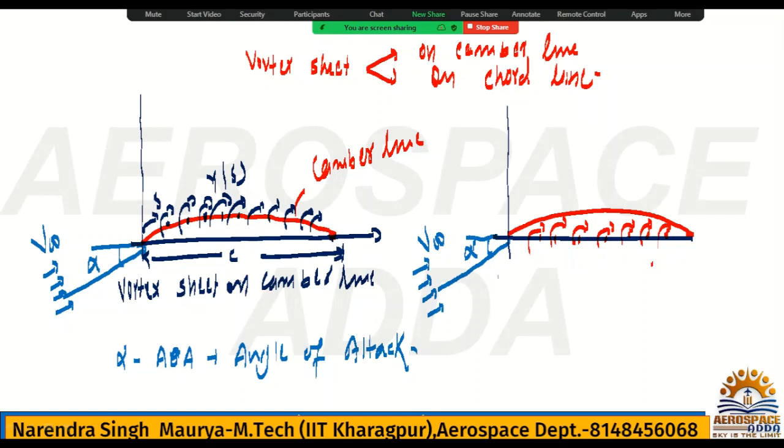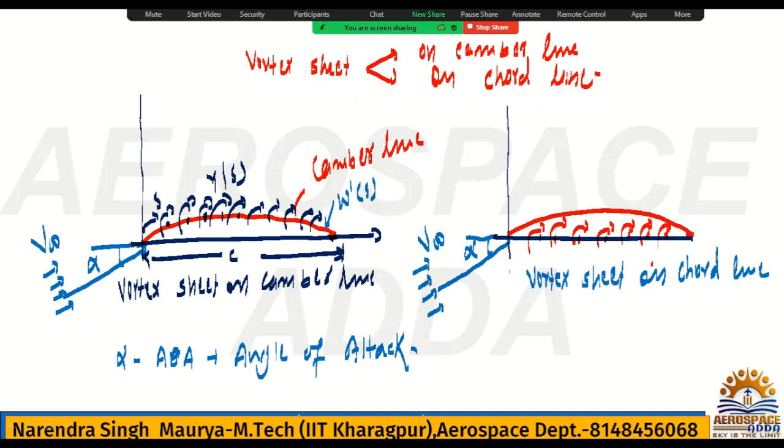So two velocity components you may have. One is w dash s, where s is along the length of camber line. W dash is the velocity normal to the camber line. Similarly, this is the vortex sheet on the chord line.